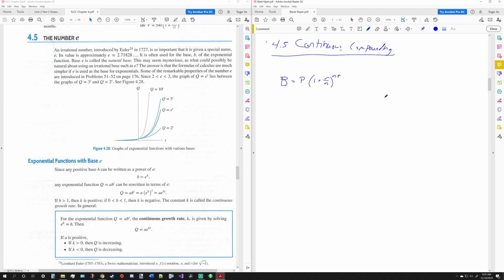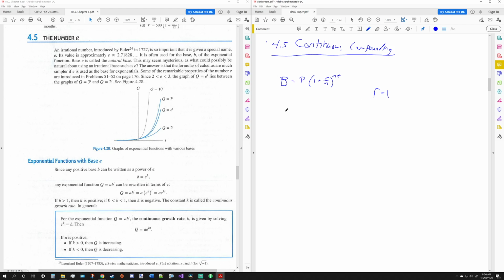So let's say R is equal to 1. So if we double our investment, our growth factor is basically 2, right? So remember, you have 1 and then you add on your growth factor, your interest rate. So if we're doubling, our multiplier is 2, so 1 plus 1. So when we double, we're increasing by 100%.